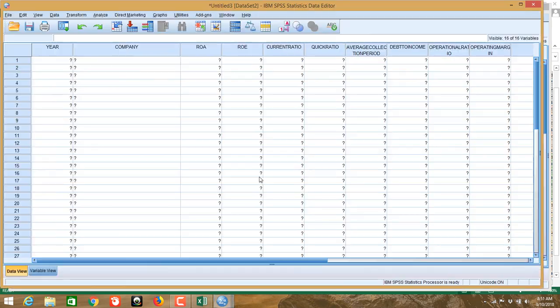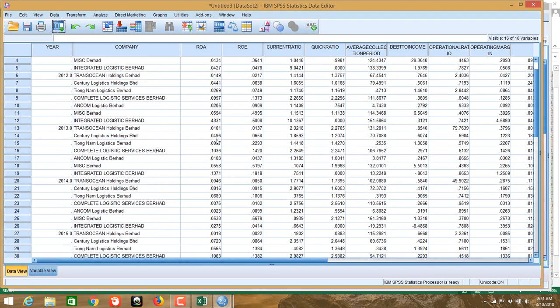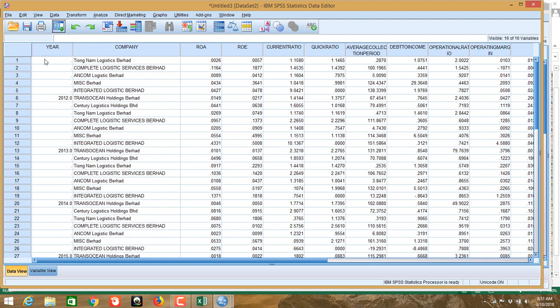Okay. You see, now all the negative signs have been removed. Alright? So what you need to do next, you have to remove these two columns. You go to variable, because when you run the analysis, you don't want these names in your variable.